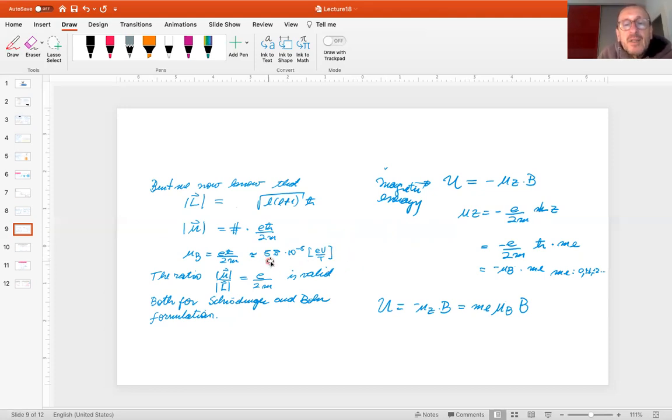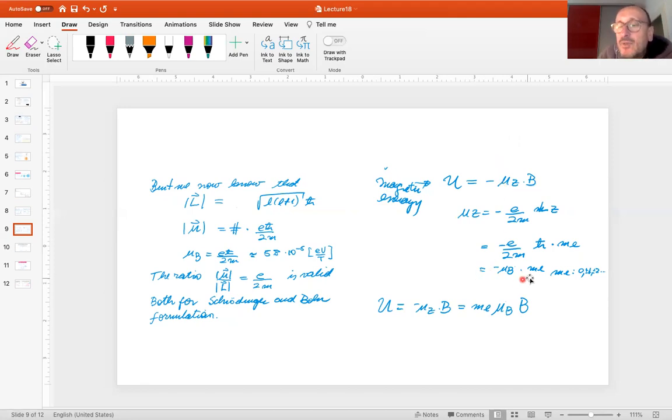Well, I'm getting ahead of myself here, because the magnetic energy of the interaction is equal to minus mu dot B, perfect.